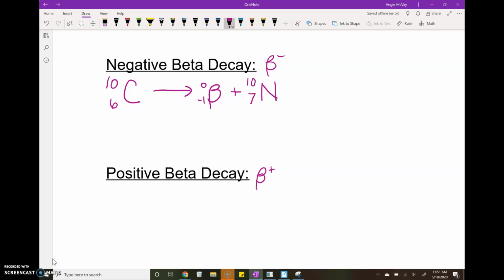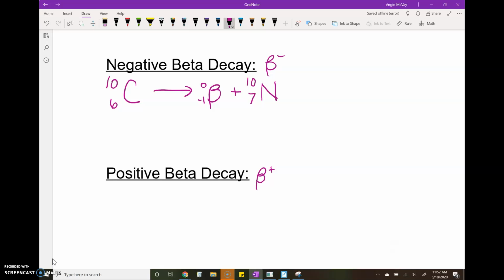Now, when this reaction happened, they could detect an electron, a beta minus particle, because it has charge. They could detect the nitrogen because it's a decently massive element. But those two particles were moving in such a way that it broke the law of conservation of momentum.